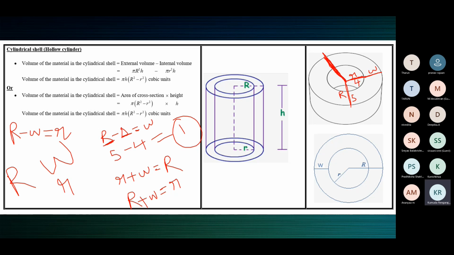From this, if you remove the thickness, if you subtract W, take away W, minus W meaning you're removing this. This is not there now. So you're left with small r. Very easy to visualize.